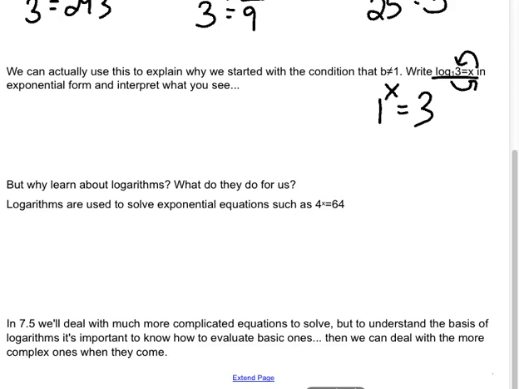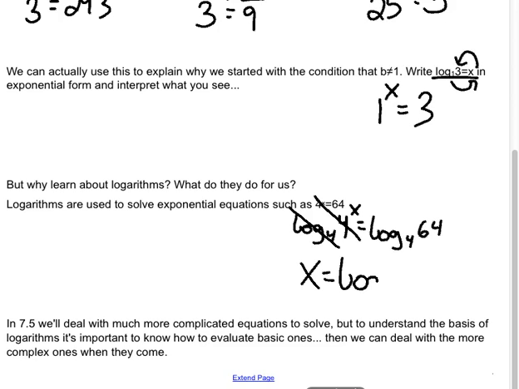This has a base 4, so I can log base 4 both sides. It cancels the base and leaves me with that.